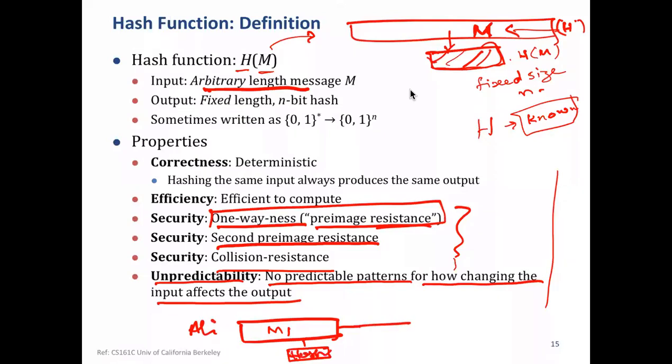When it goes to Bob, and this hashing algorithm is known, he will also compute the hash of the message M1 that he receives and then compare it with the received hash. If both match, then fine.